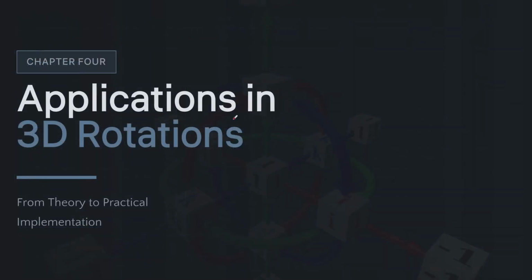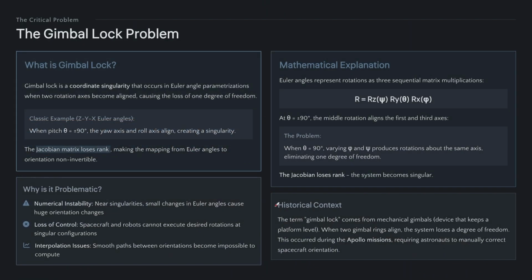Our next chapter, applications in 3D rotations. One of the most powerful applications of quaternions is in representing 3D rotation. Traditional methods like Euler angles suffer from gimbal lock, where one degree of freedom is lost.